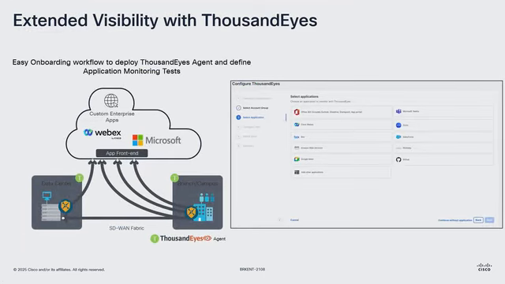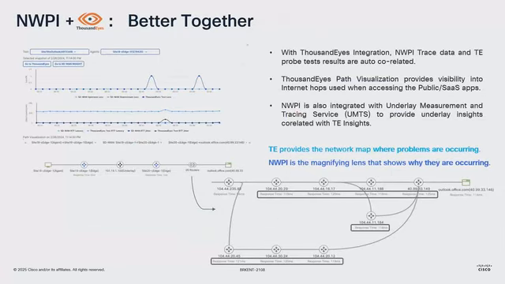And then integration with ThousandEyes, which is also very important to extend, to have visibility into the complete path, whether it's the traffic originating from your branch site all the way to another branch site or to a SaaS application. Inside the overlay, outside of the overlay, complete visibility. And NWPI integration with ThousandEyes will give you complete visibility in terms of troubleshooting.